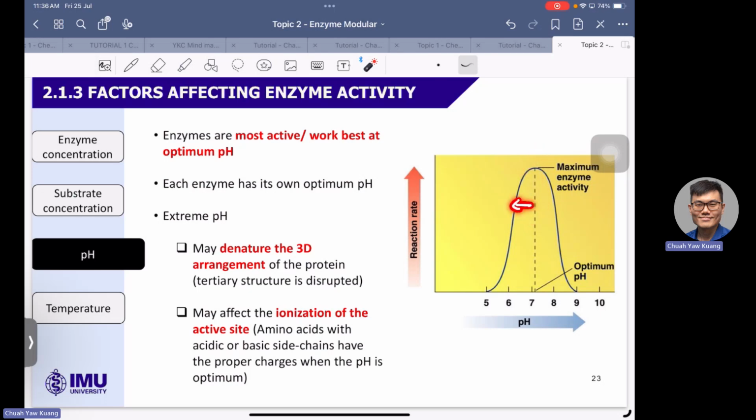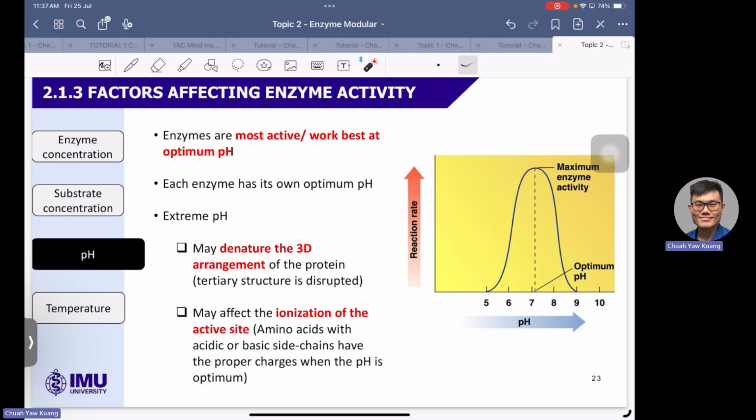The further the pH changes from the optimum pH, the lower the rate of reaction. You cannot say lower or higher only, because some students will say the higher the pH, the lower the rate of reaction. That would be wrong, because different enzymes have different optimum pH.